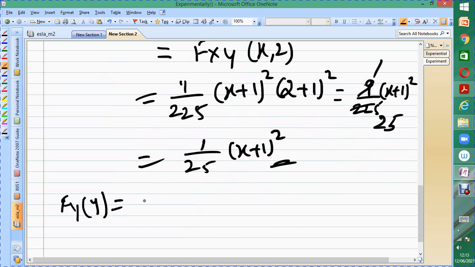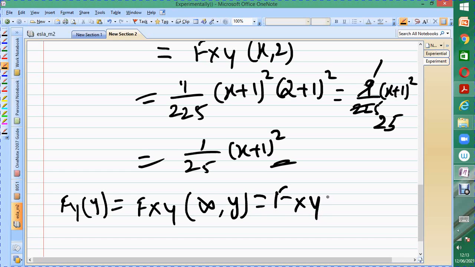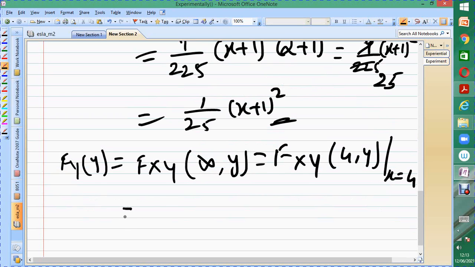So now we can write f_Y(y) as F(infinity, y), but here x is bounded by its maximum value 4, not infinity. So here we make it F(4, y), and we need to substitute x as 4 in the equation of CDF in order to get the equation for f_Y(y). That is equal to 1 by 225 into (x+1) whole square, so we write (4+1) whole square into (y+1) whole square.